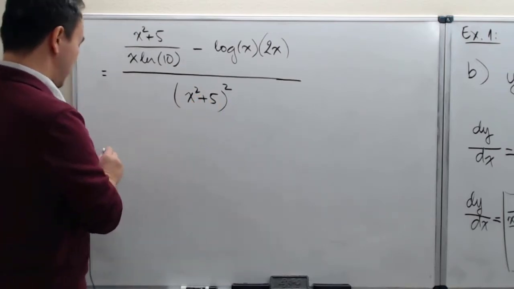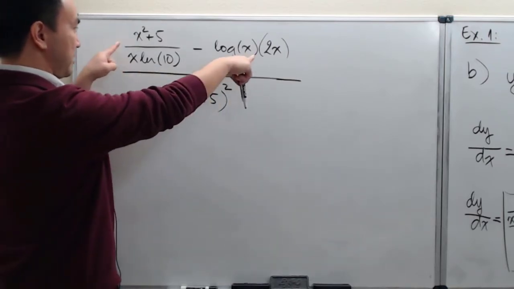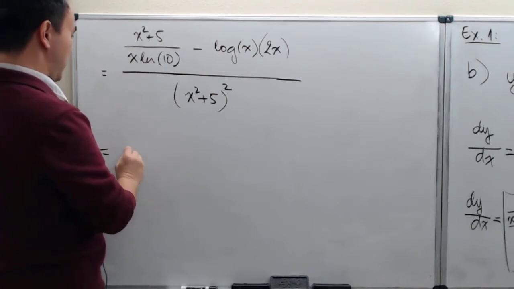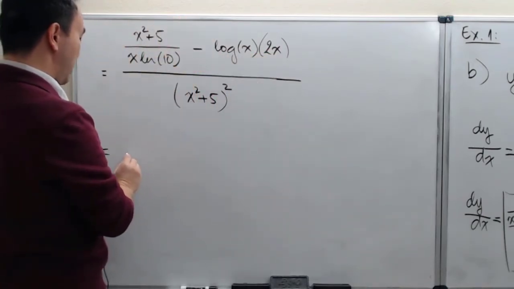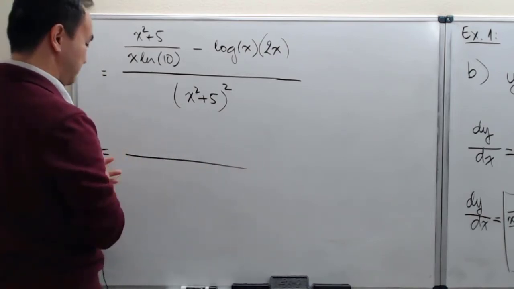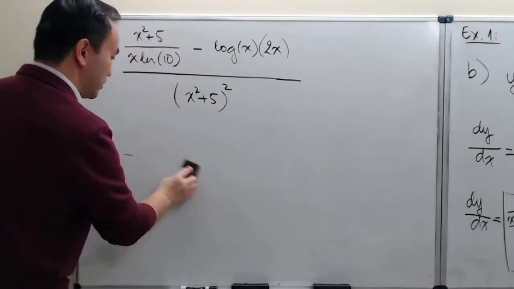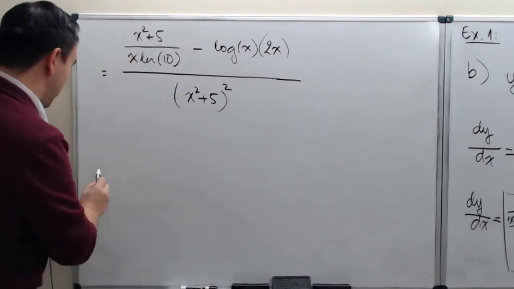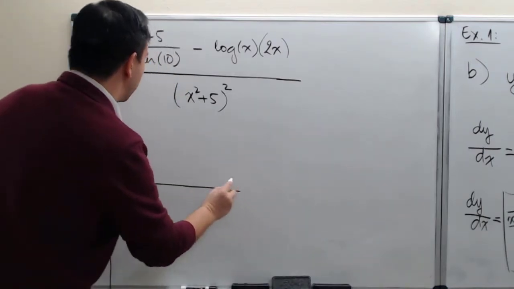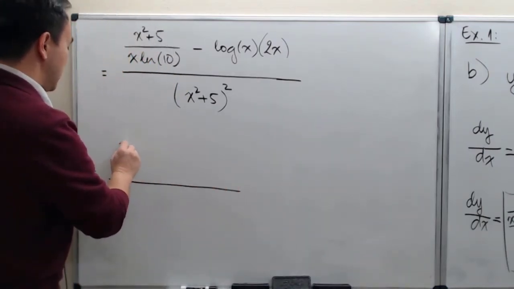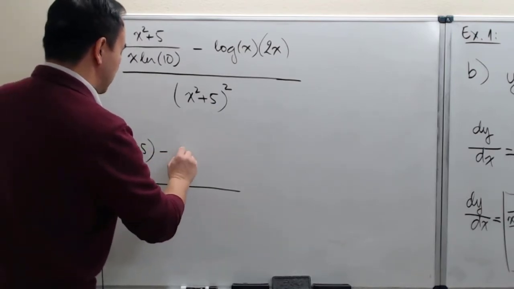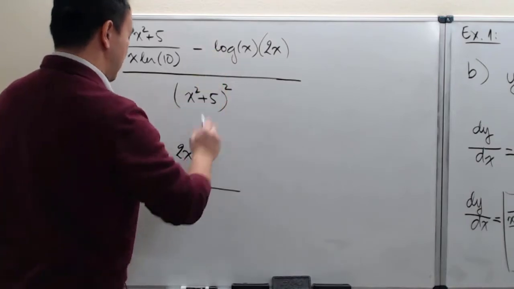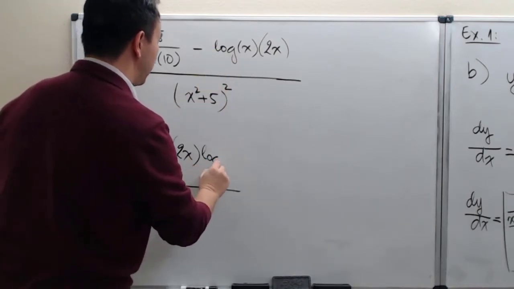But now we can make a common denominator with these two terms here. So now what I see is we can combine these two terms in the numerator as one fraction. So now I'm looking at, maybe I need to make a little more space. So I'm going to write it down below a little further. Okay, so we're looking now at x squared plus 5 minus, so I'm going to put the 2x in front of that term. It's a little easier for me to keep track that way.